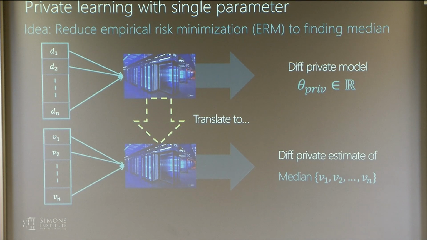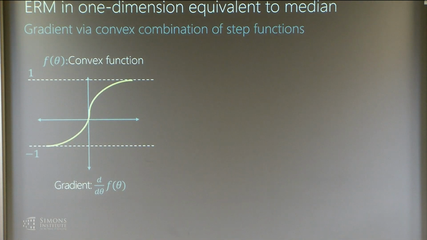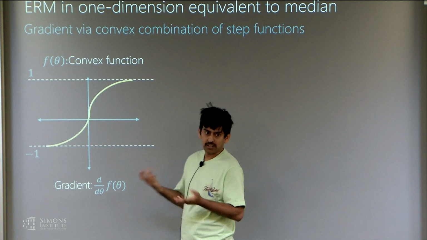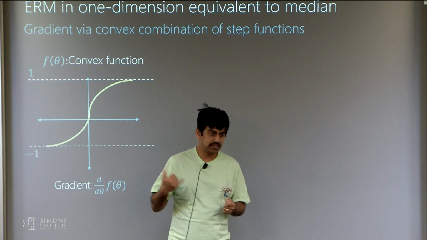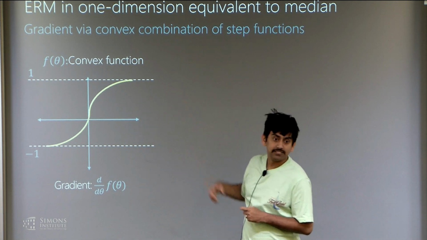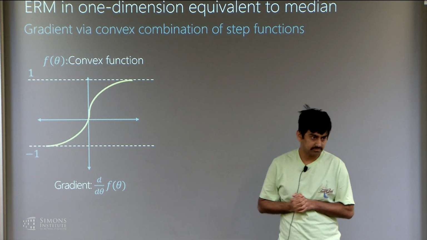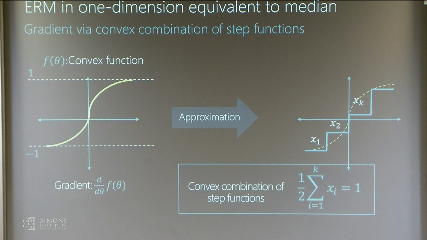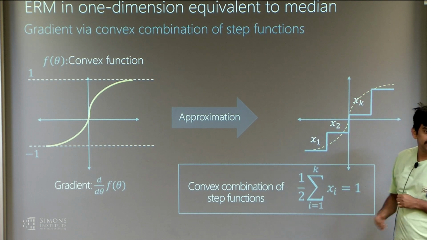So how do you do that? The first observation is that if you have a convex function, the derivative of the function, and I talk about the derivative because I'm dealing with a one-dimensional function, is monotonic, a non-decreasing function. This means I can represent the derivative as a convex combination of a bunch of step functions.